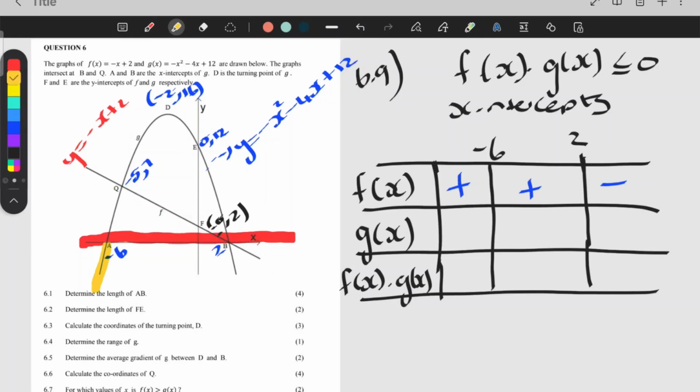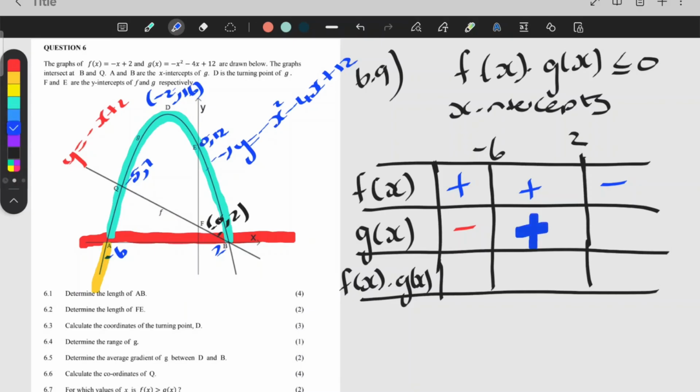So I'm going to do the same for the parabola. From here to the x-intercept, is it above or below the x-axis? It's below. Then from here to the other x-intercept, is it above or below? It's above.